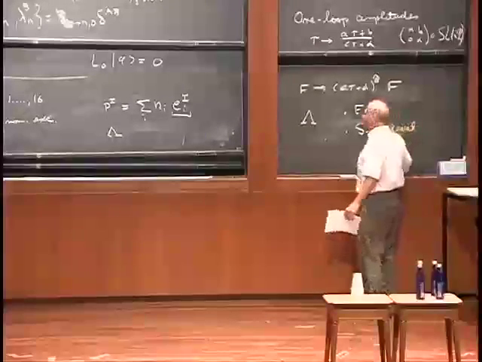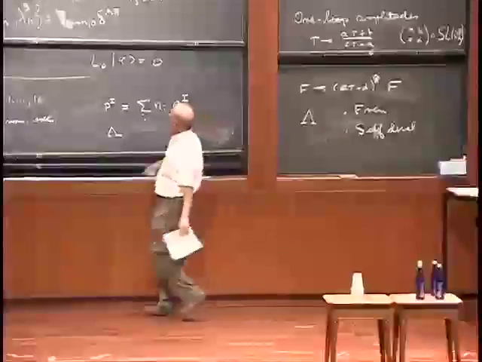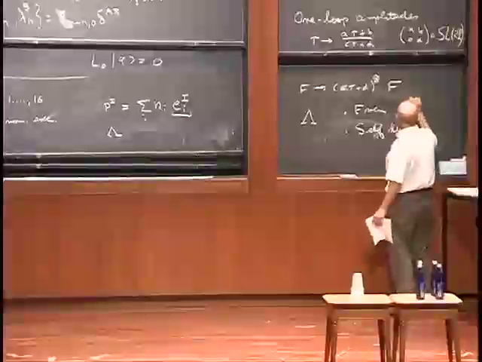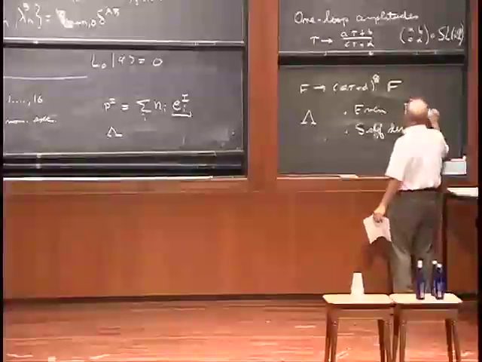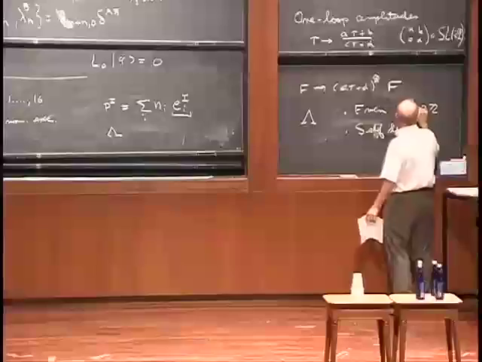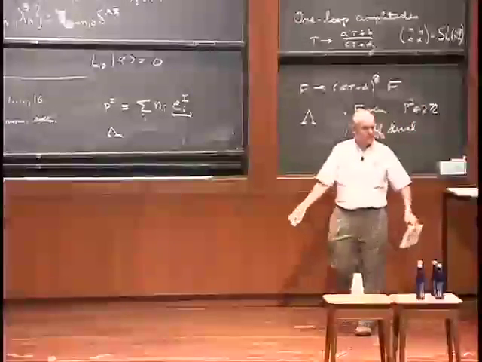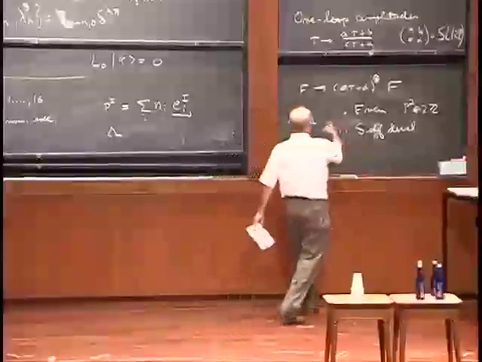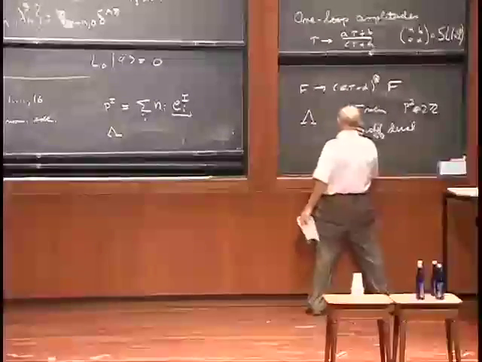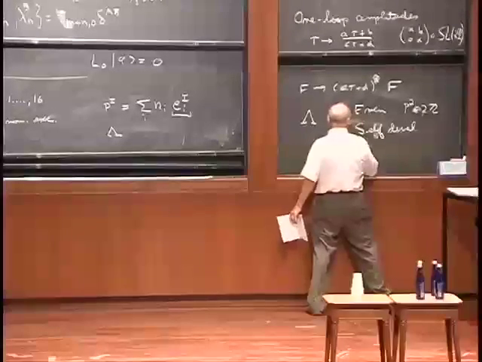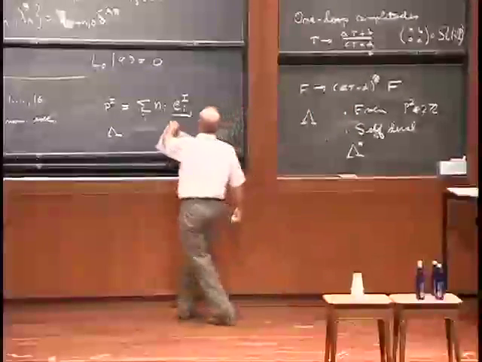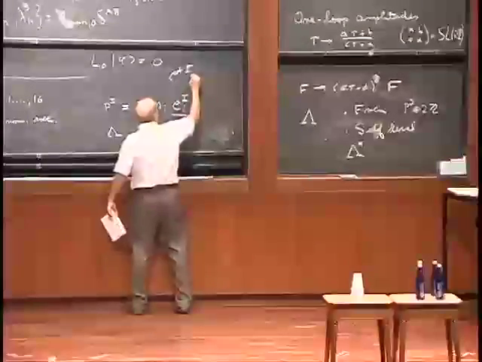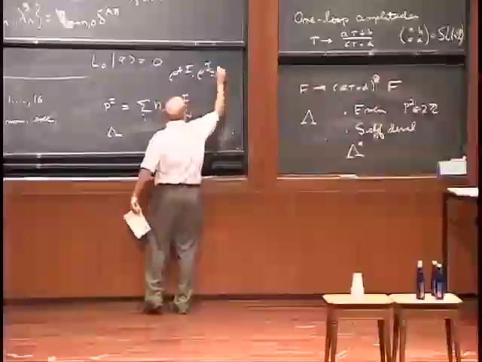So an even lattice is one for which p squared is even. So p squared is twice an integer for all lattice vectors. So that's an even lattice. And self-dual means that if you form the dual lattice in the usual way, in other words, you find basis vectors e star i such that e star i dot e j is delta ij.